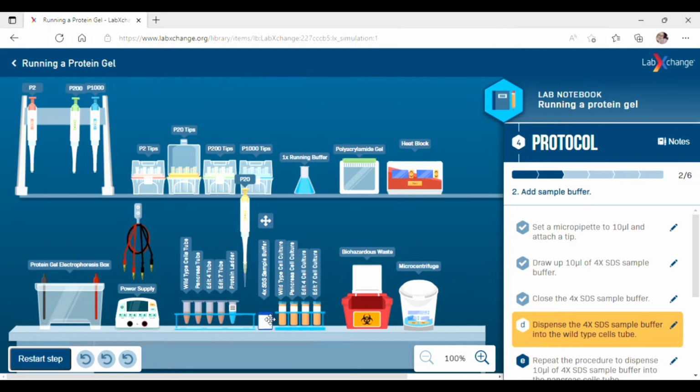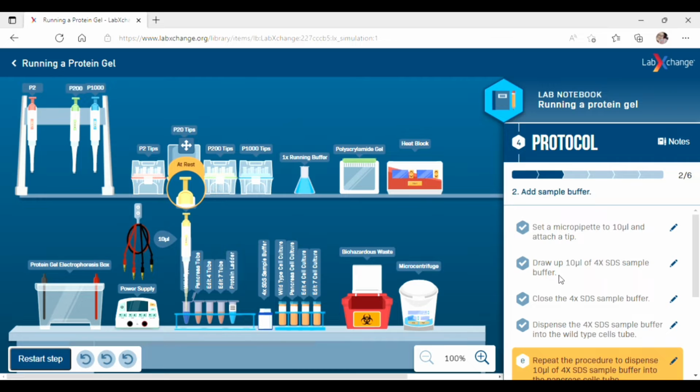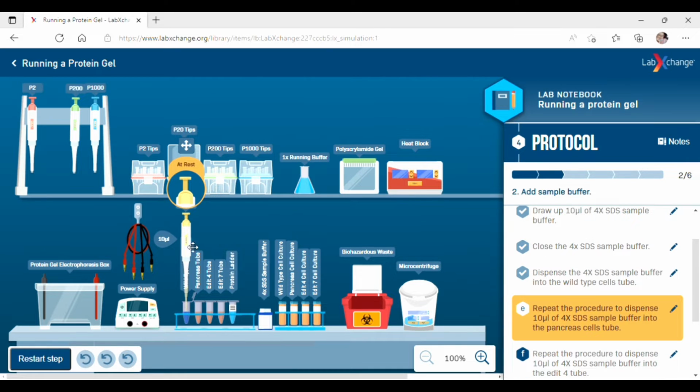Don't forget to close the sample buffer. Next, dispose the 4 times SDS sample buffer into the wild-type cell tube. I'm going to repeat the same procedure for the pancreas cell tubes, added 4 tubes and added 7 tubes.